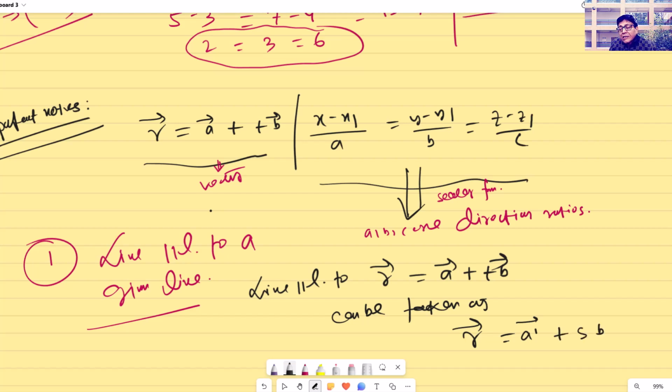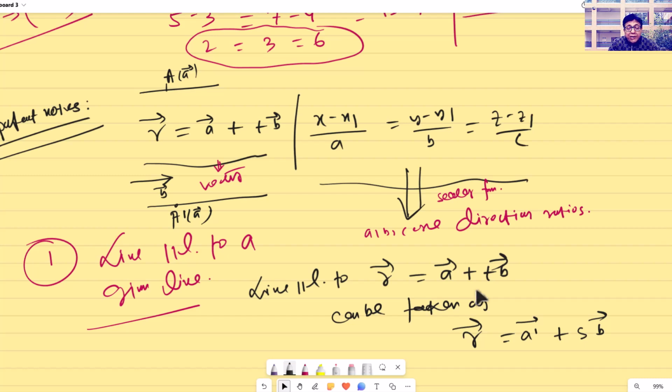Lambda is a different scalar, doesn't matter. The first line has point a on it, and here the point on this line is a dash, but both are directed along the same vector b.